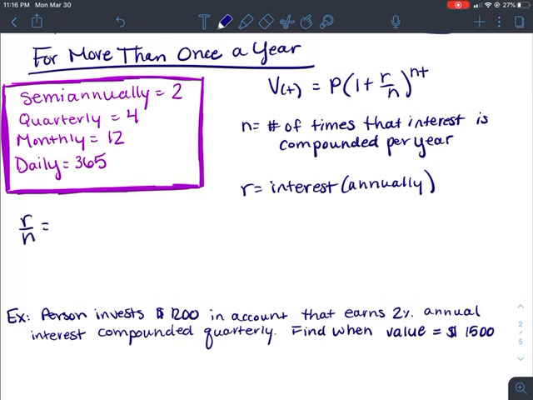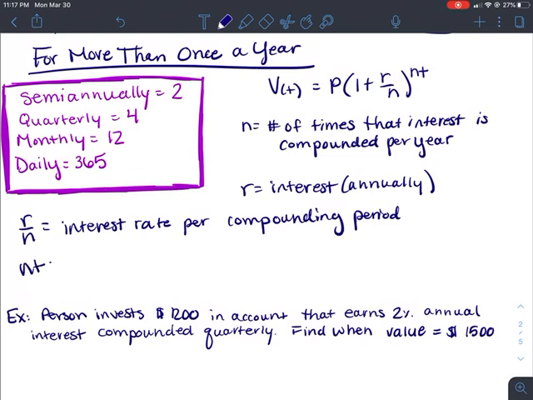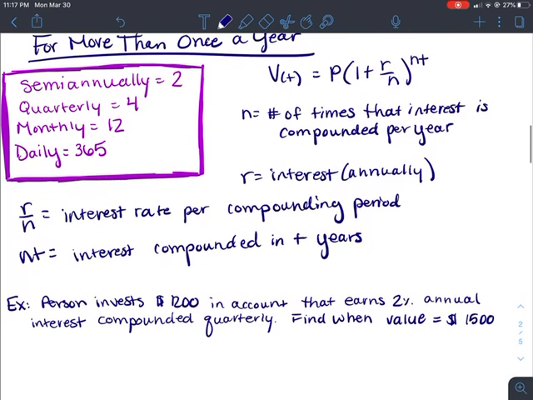So r over n equals the interest rate per compounding period, and nt equals the interest compounded in t years.